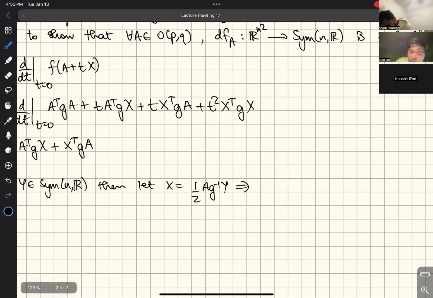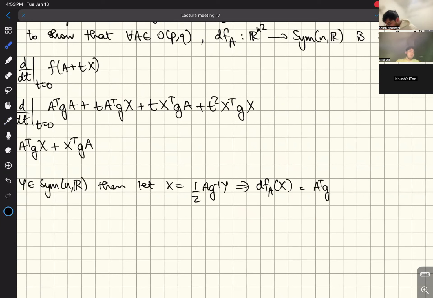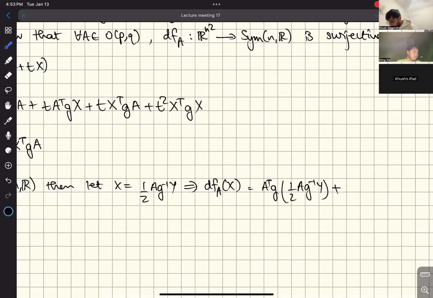Then note this implies that the differential of f at A evaluated at X is just A transpose G times 1/2 A G inverse Y plus 1/2 Y transpose G inverse transpose A transpose G A. But now remember, G is a symmetric matrix. Its inverse is also a symmetric matrix.